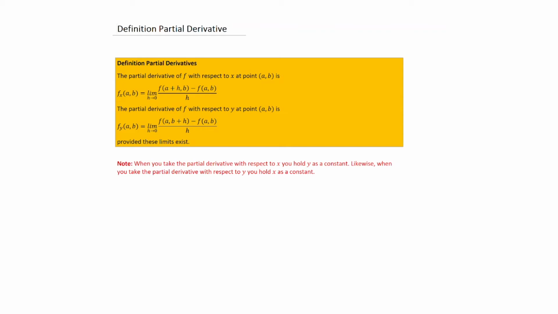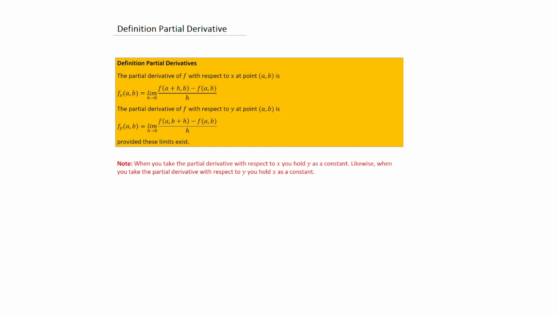We use the same definitions for derivatives as we did in first year. The only difference is that when we take the partial derivative with respect to x, we're keeping y constant and only varying x. When we take the derivative with respect to y, we're keeping x constant and varying y.